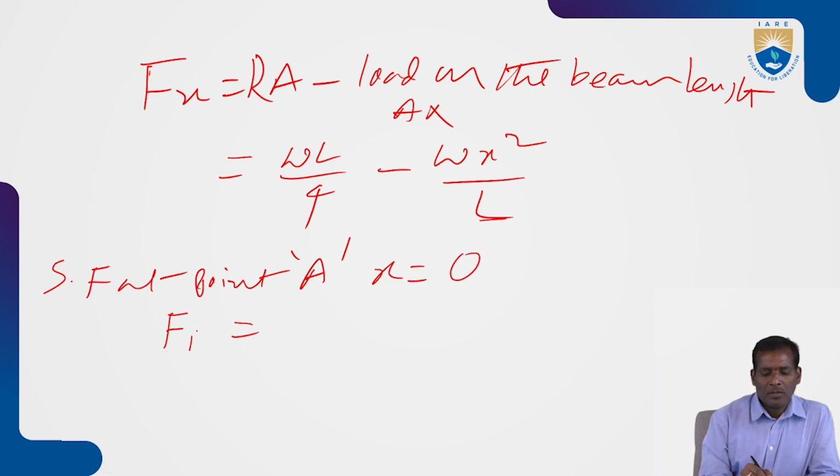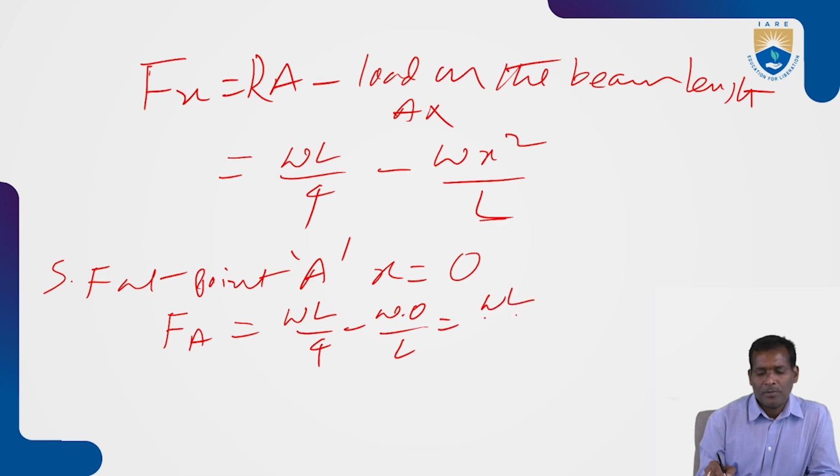So the shear force at A is WL by 4 minus W into 0 by L, so W by 4. Similarly, the shear force at X is WL by 4 minus WX square by L.